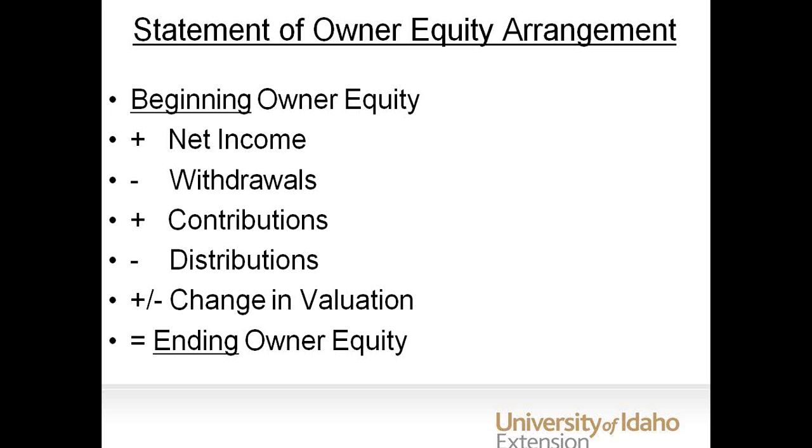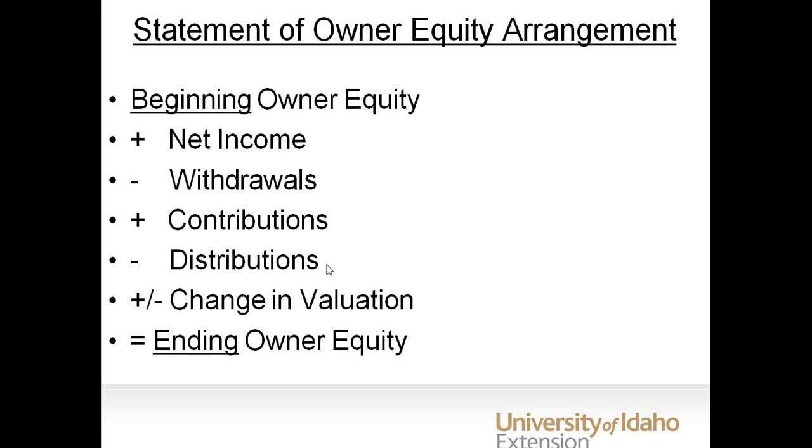Owner equity can change due to change in net income generated from the business, but it can also change from withdrawals of equity taken away from the farm business, or perhaps contributions. These could be inheritances, for example. Inheritance could definitely introduce assets into the business that weren't earned by the business.